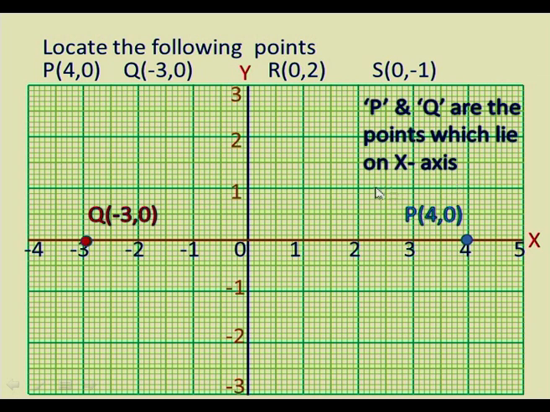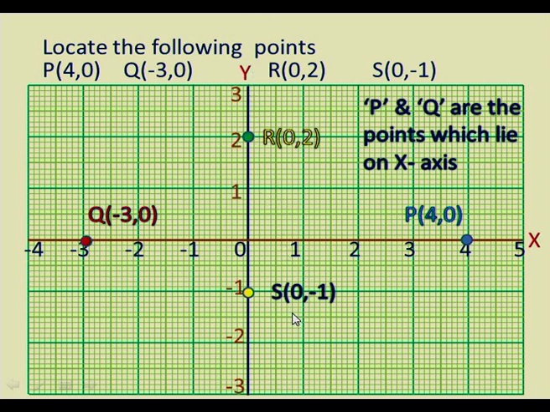Now, let us come to the other 2 points R and S. Let me locate R 0 comma 2, and let me locate the other point S 0 comma minus 1. You are able to see that here the x value is 0, the y value is 2, and it is lying on the y axis. For S, x is 0, y is minus 1, that means it is also lying on the y axis. That means, when the x value is 0, those points lie on the y axis.